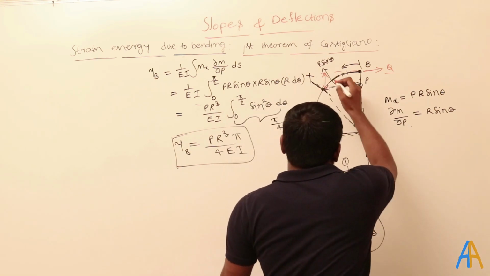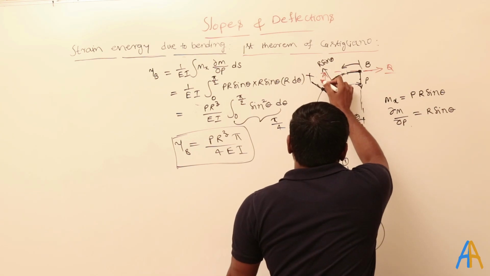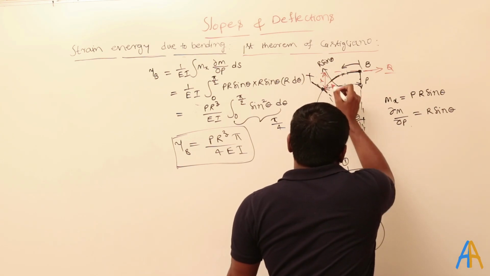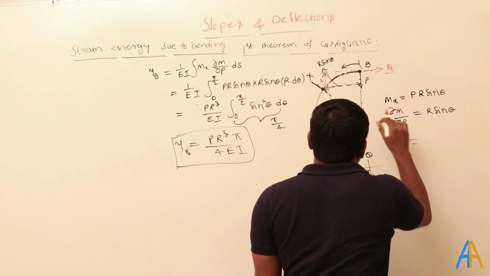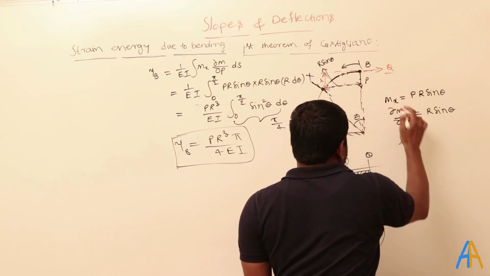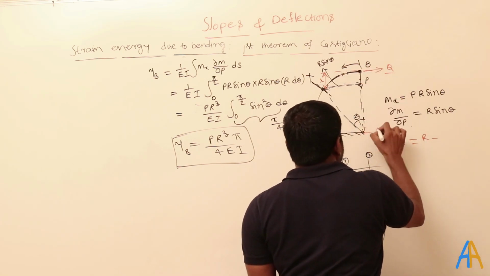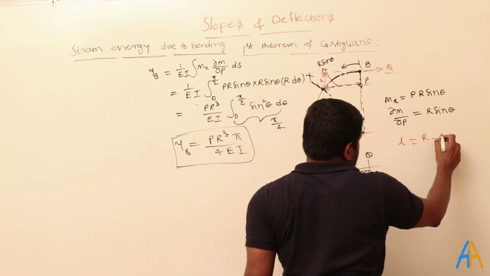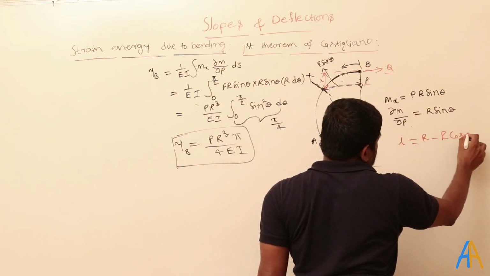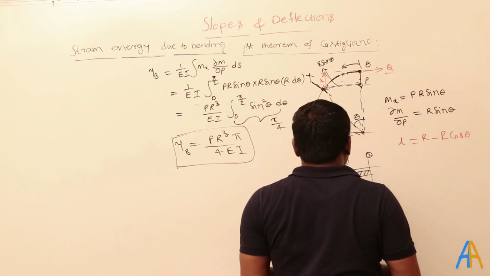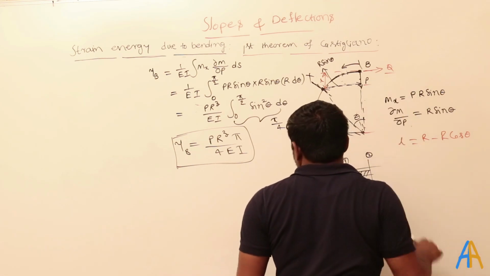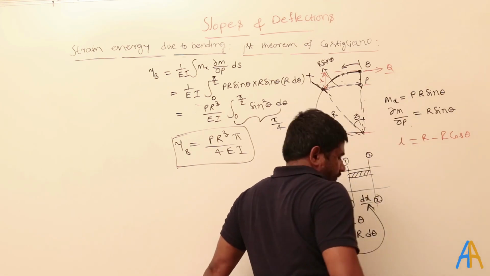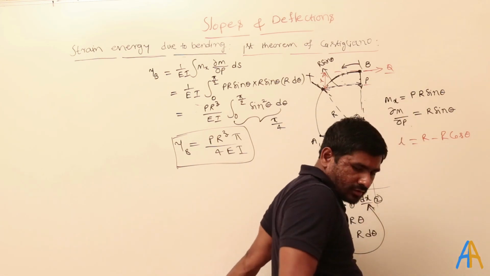Let's take that perpendicular distance as L. So how do we find L? L equals, from here to here it is R, minus from here to here, which is R cos theta. So this is R cos theta. Both forces are acting in the same direction.